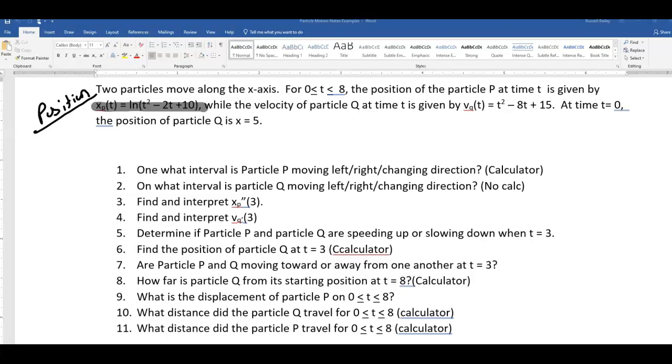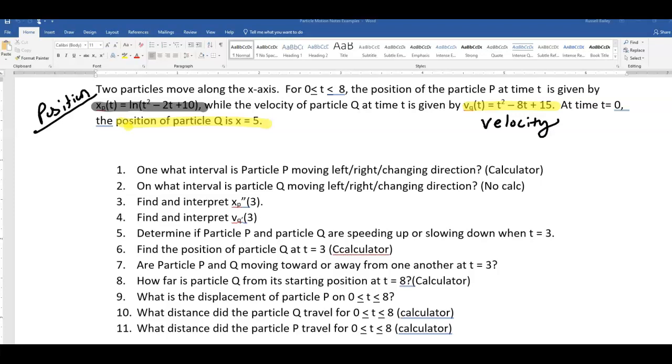While the velocity of particle Q at time t is given by this. So I want you guys to understand that this one is a velocity function. So we've got both situations here. Notice also that they are giving us an initial condition. The position of particle Q at t equals 0 is 5.